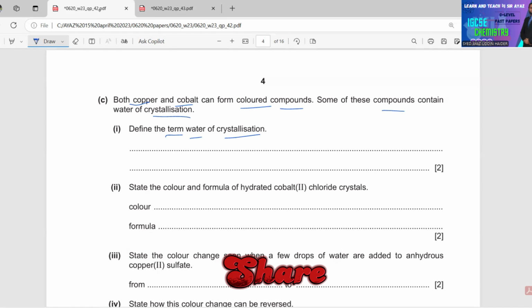Now, water of crystallization, they have water as part of the salt. So you have water molecules in hydrated crystals. So you write water molecules in hydrated crystals.